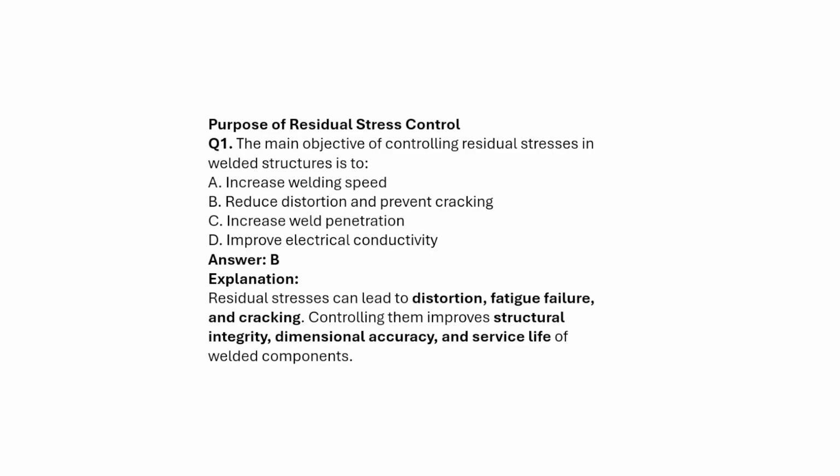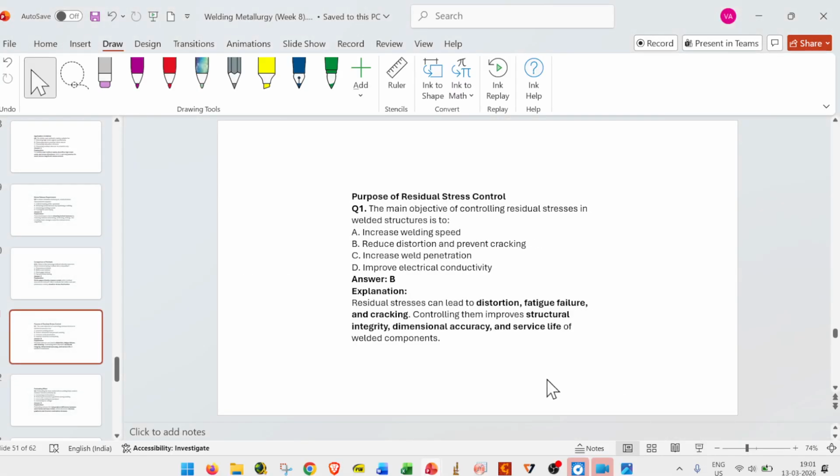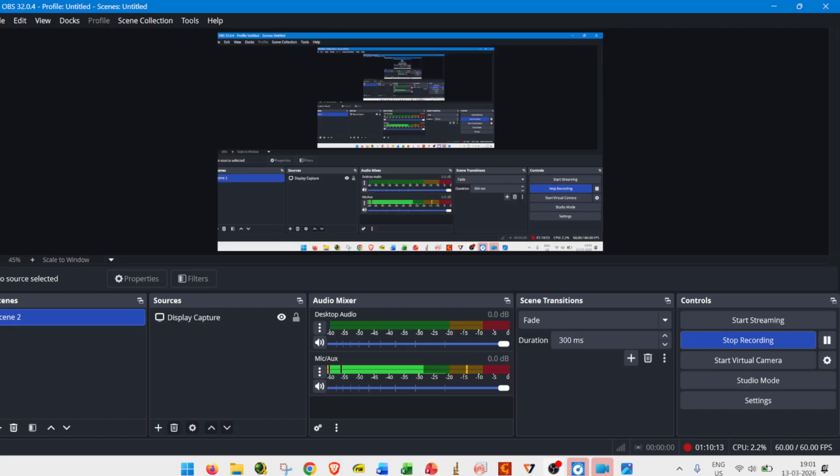Okay. Next, coming to the final chapter, that is the residual stress control. The main objective of controlling the residual stresses in weld structure is to increase the weld speed, reduce the distortion and prevent the cracking, increase the weld penetration, or improve the electric conductivity.